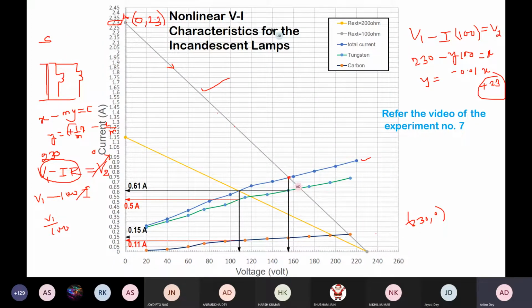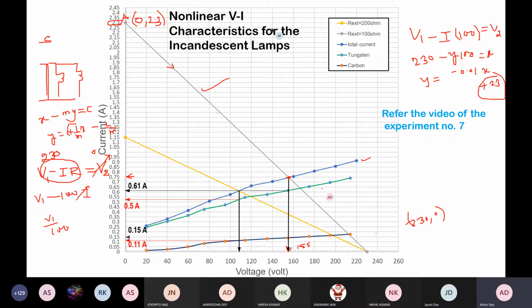At this point of intersect, we get the total current drawn from the supply, and also the voltage drop across the lamps, which is 155. So at 155, what is the current through the tungsten filament lamp and carbon filament lamp?